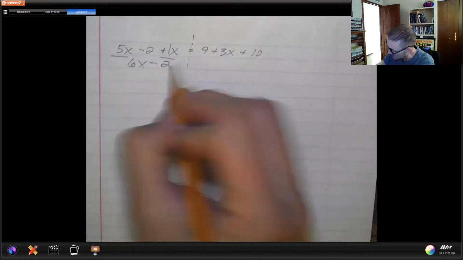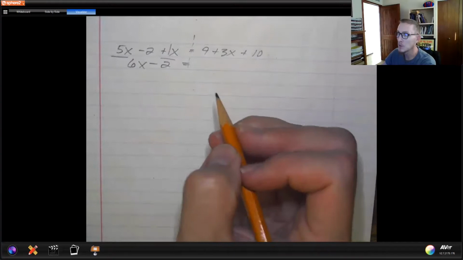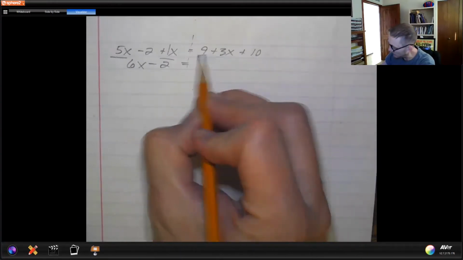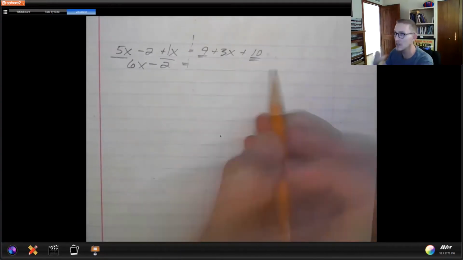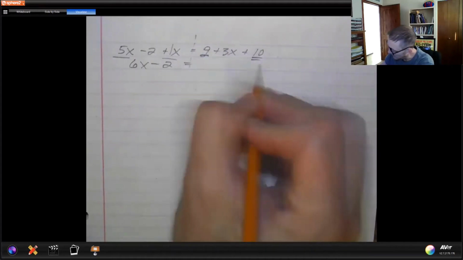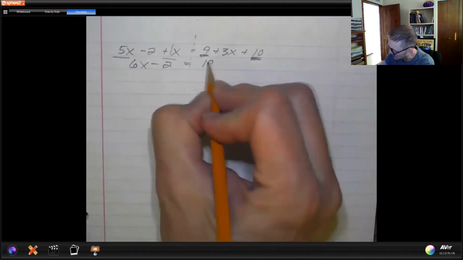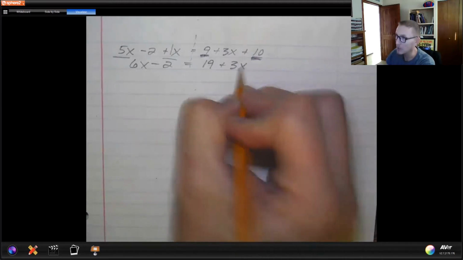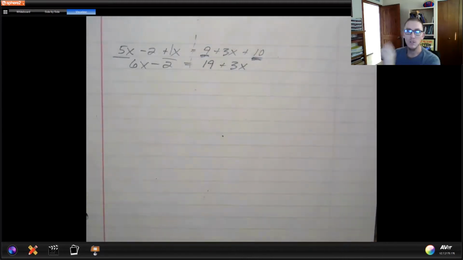Bring down the minus 2, bring down the equals. On the other side of the equals, I can put together the 9 and the 10 because they're both just numbers. And so when I combine the 9 and the 10, that becomes 19 plus 3x.